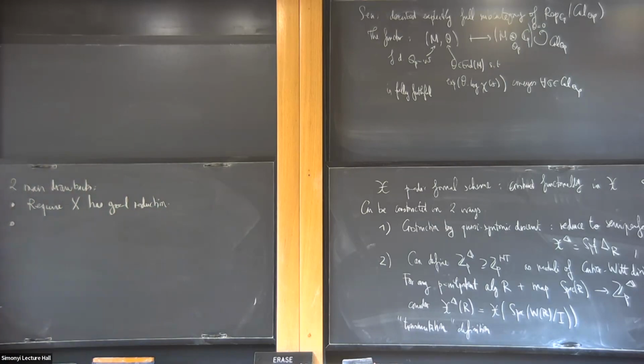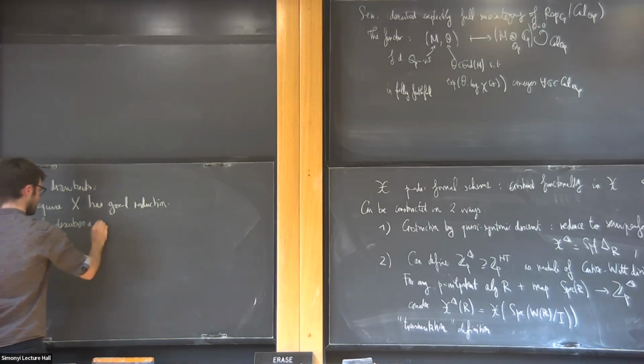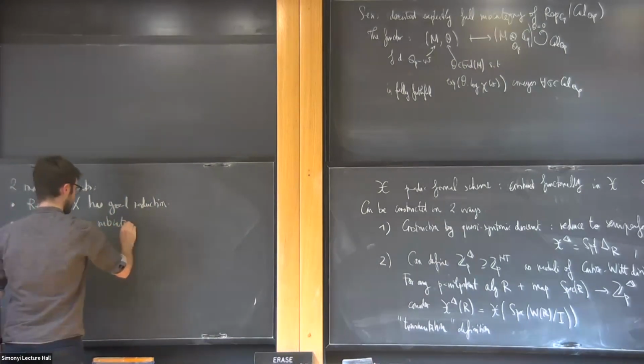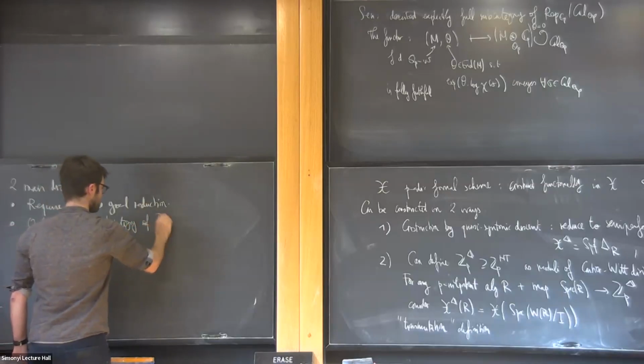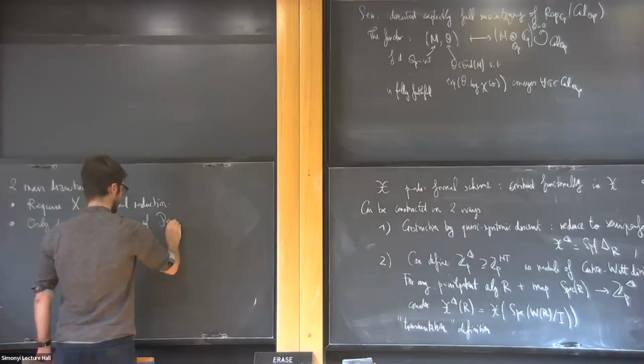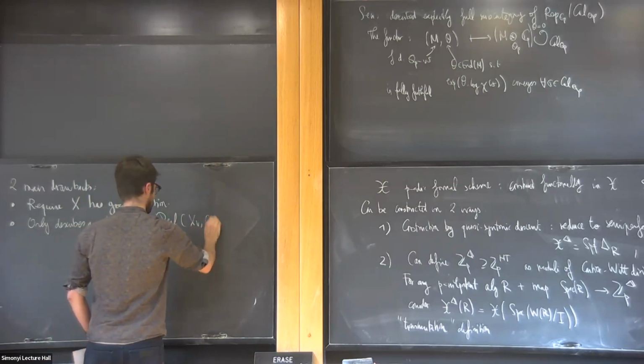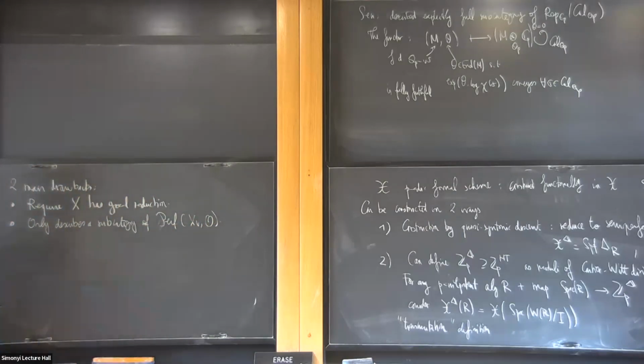And another obvious problem is that it only describes the subcategory, also the category of perfect complexes for the V2. This functor is very far from being essentially surjective.